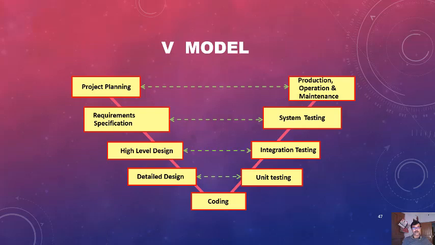When the detailed design is going on, you have to find out the test cases, what values you have to put in and what the outcome should be. When the high level design is going on, you have to think about how to integrate your modules one by one, and how to test those modules one by one. What should be the test cases for this integration testing.